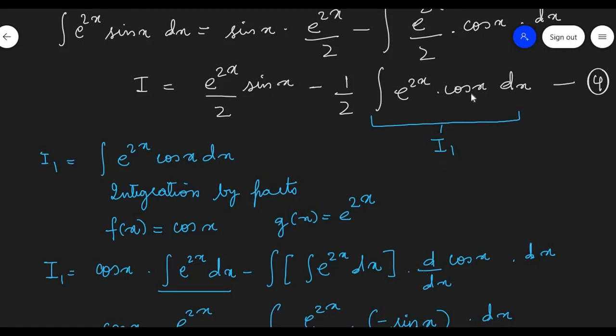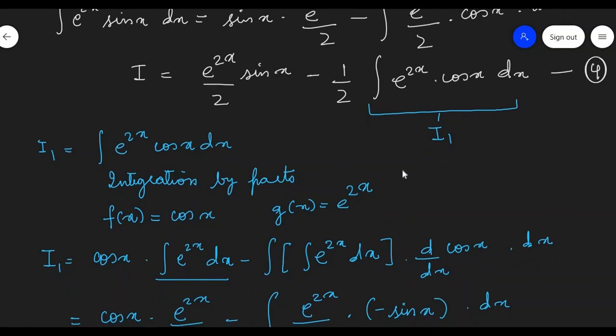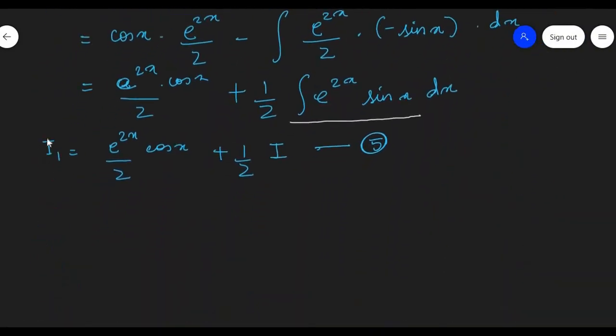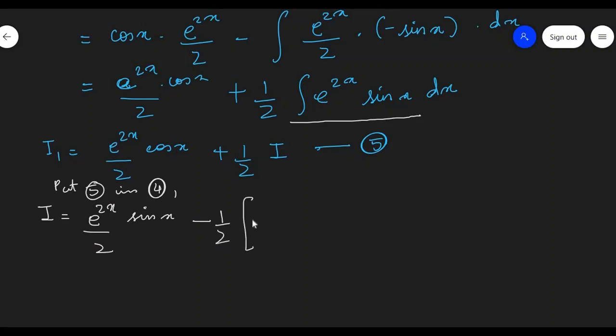So let's put the value of I1 to find I. So after putting 5 in 4, I am going to get I as e raised to 2x sin x by 2 minus 1 by 2 I1. So that is e raised to 2x by 2 cos x plus 1 by 2 I.